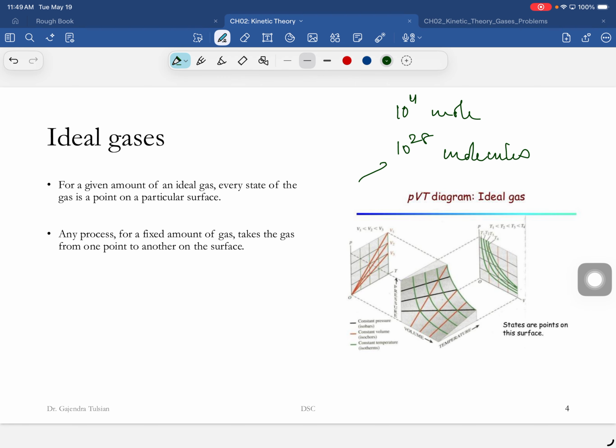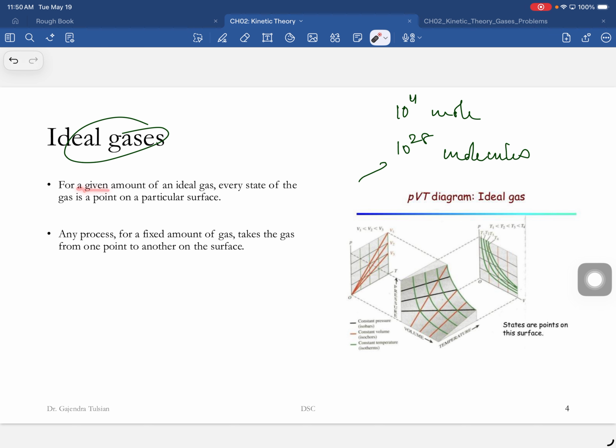That would not be true if you replaced the gas molecules with ping pong balls. You couldn't fit 10 to the power of 28 ping pong balls in this room. The volume they take is comparable to, and in fact larger than, this volume. So the ideal gas laws have assumptions like that.